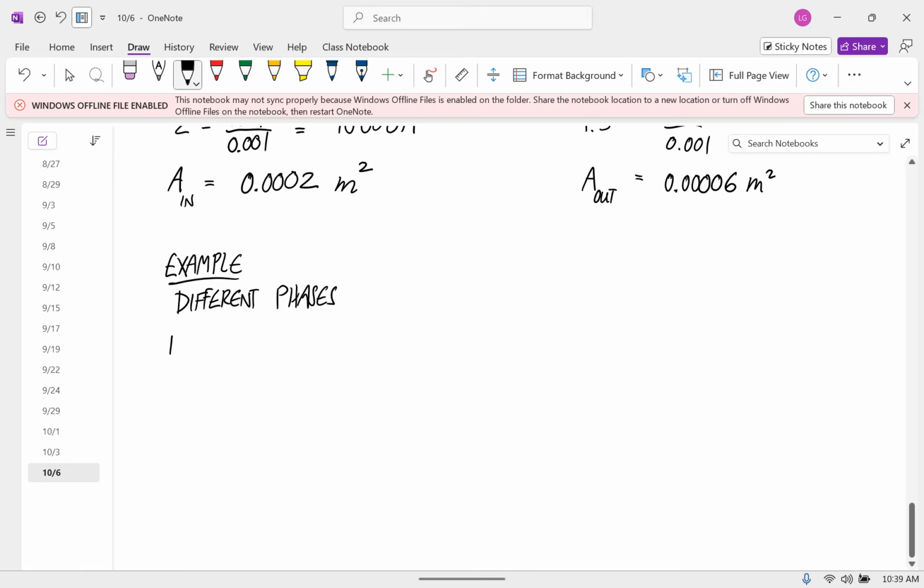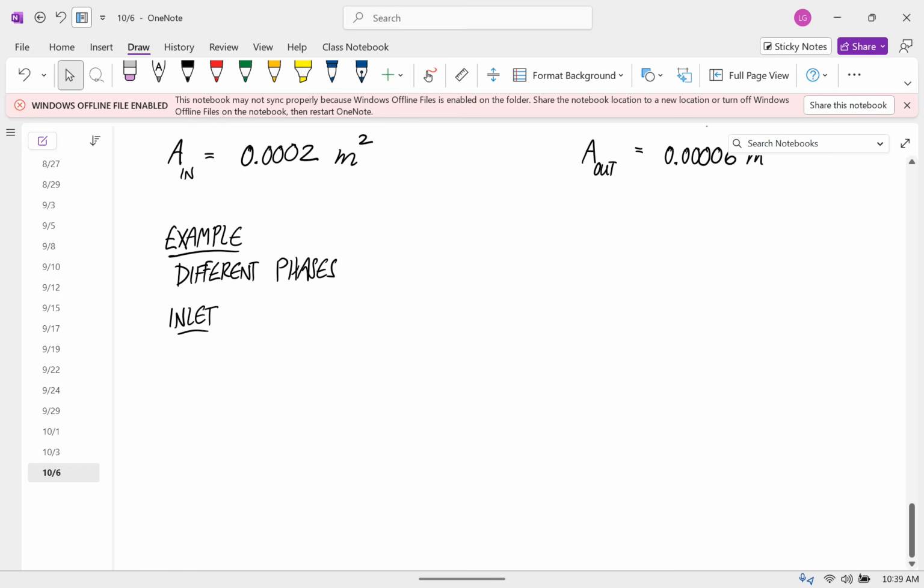Okay, so at the inlet, let's say that steam is coming in. So it's water vapor. So what we have here is more than just different phases. We have two inlets and one exit.